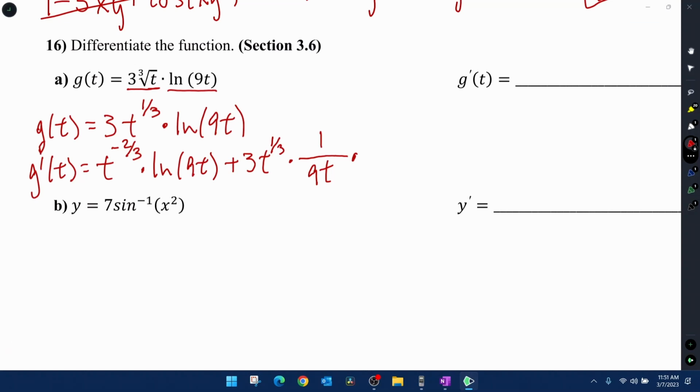It's going to be the chain rule. Since this is not just x, I would have to do a u substitution, just like we did the chain rule in the previous problem. So the derivative of 9t is 9. And then I need to take that to my scratch paper and simplify.